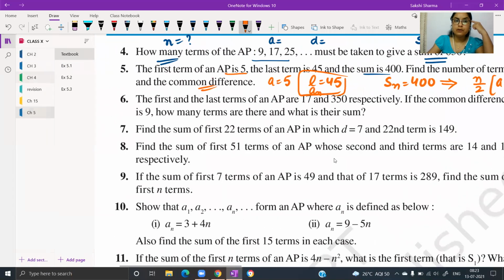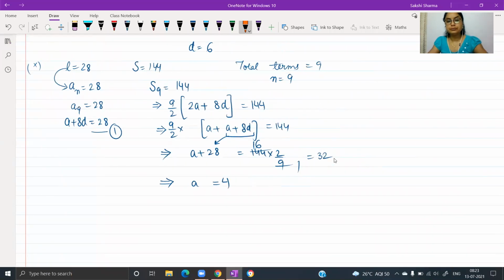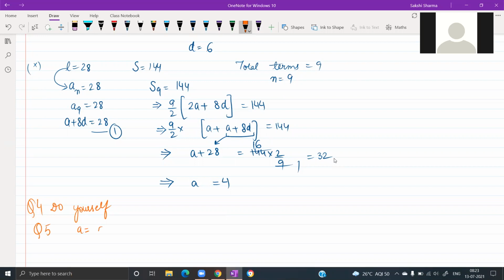Let's quickly write the answer for the fifth question. Question number 4, you will be completing yourself. Question number 5, A is 5, L is 45, or you could write down An as 45. Then Sn equals 400.